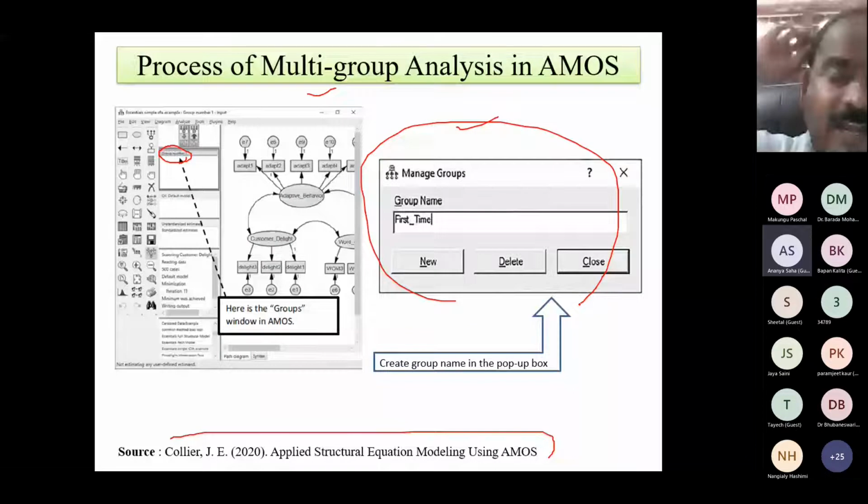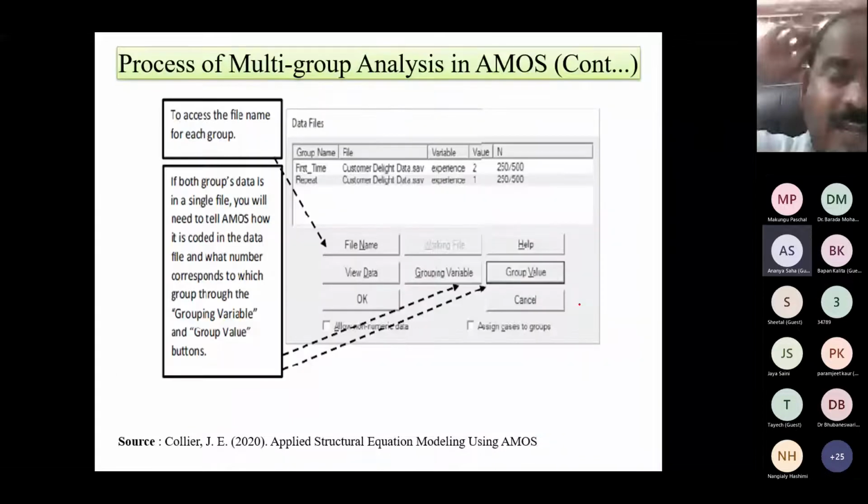Once you create the groups, you need to give AMOS the input on which group consists of which label. Suppose I say 1 represents male and 2 represents female. That input needs to be given to AMOS for those two groups separately.